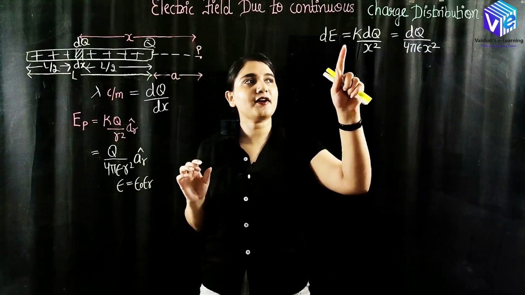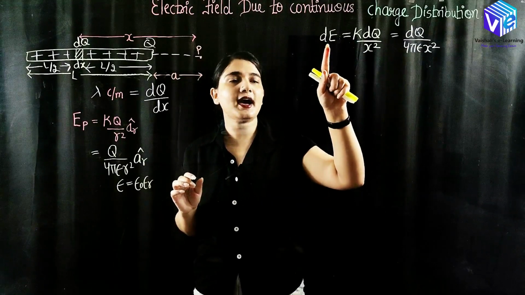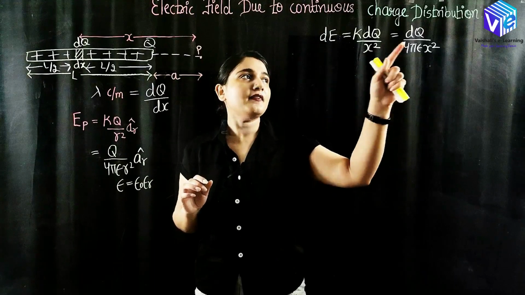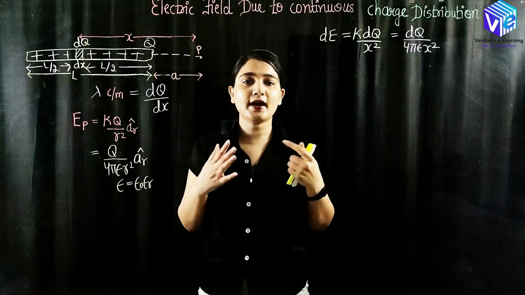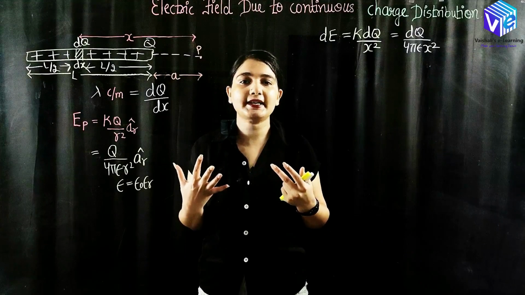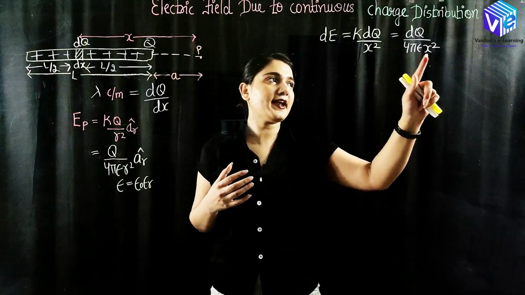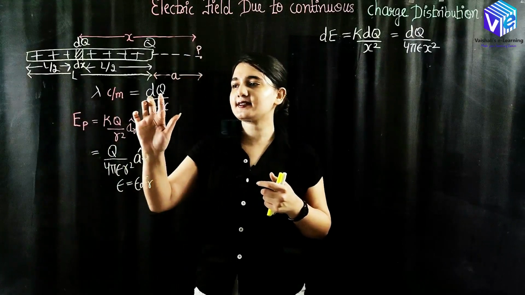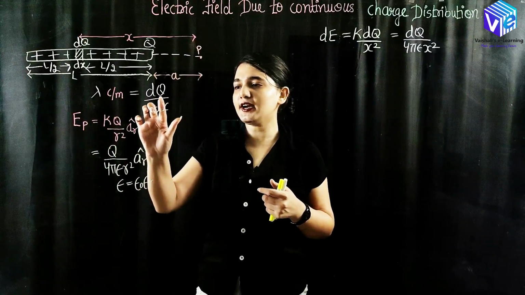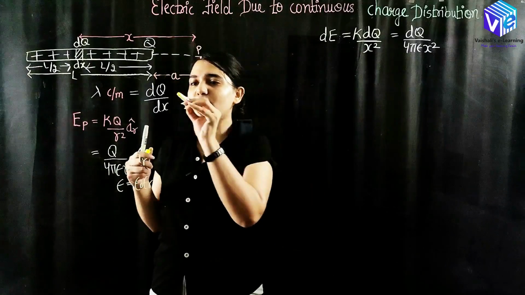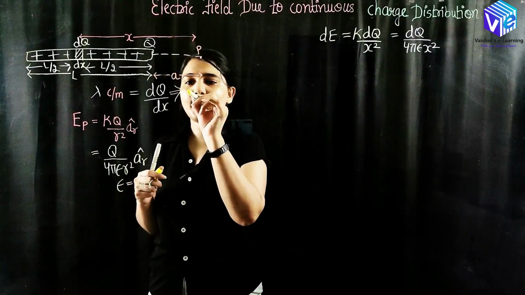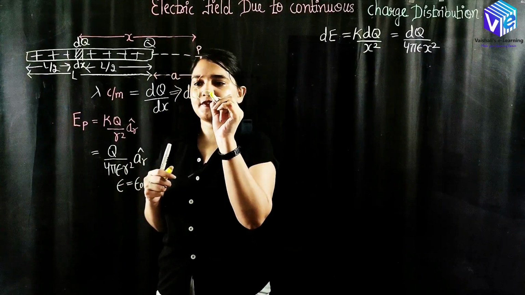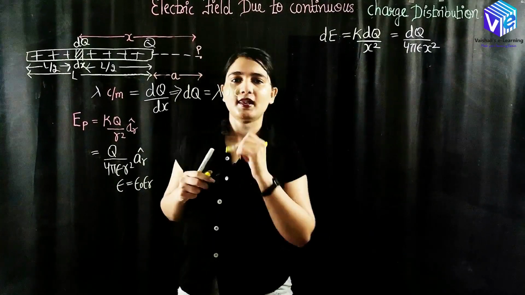Now if I have to find out the full electric field, I will be integrating it. I need to find some parameter over which I can integrate, and here the parameter is x. Now I know what lambda is. Lambda is given by the formula dq upon dx, so from this formula I can find dq. dq is given as lambda dx.